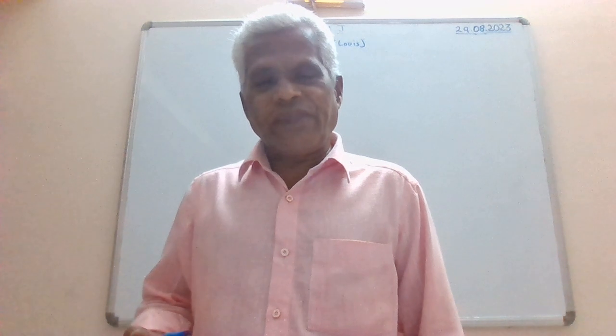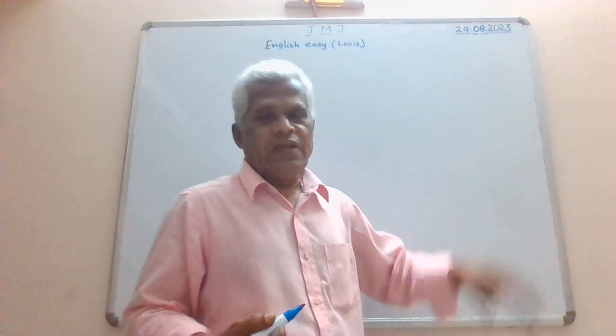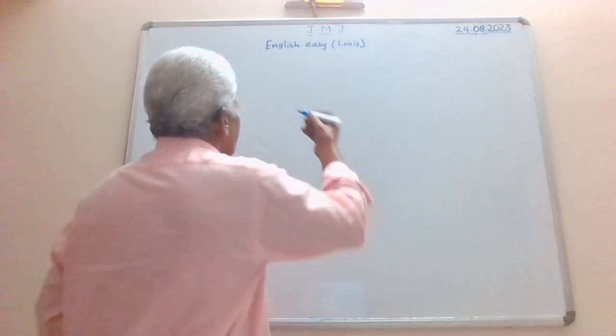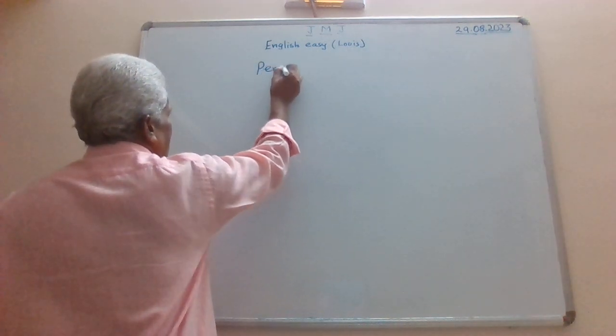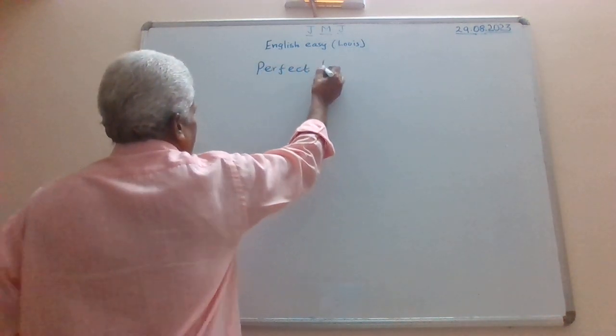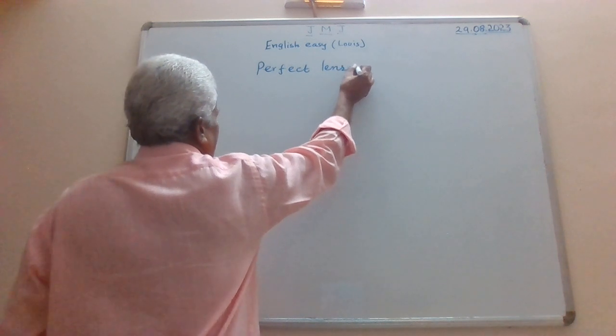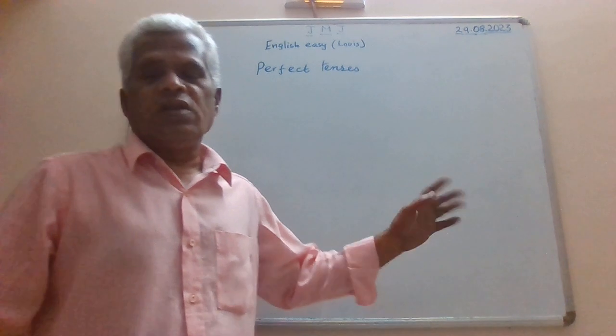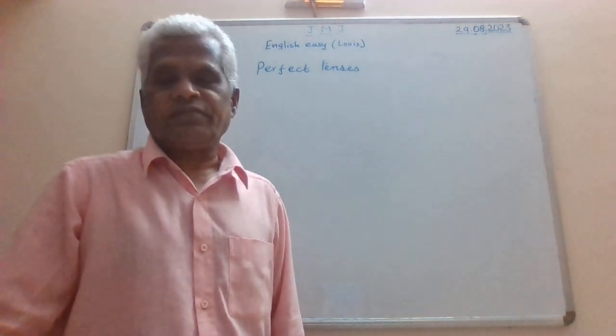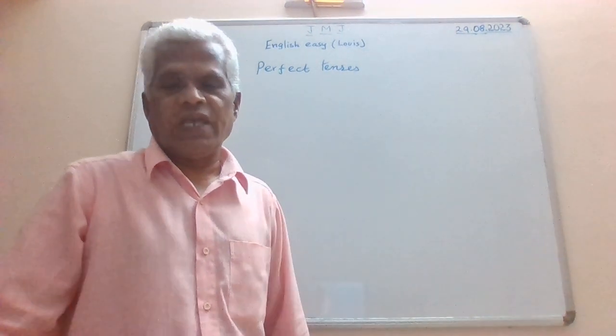Okay guys, so let me write the names of the tenses on the board. Perfect tenses. Today we are going to have a look at all the perfect tenses together.